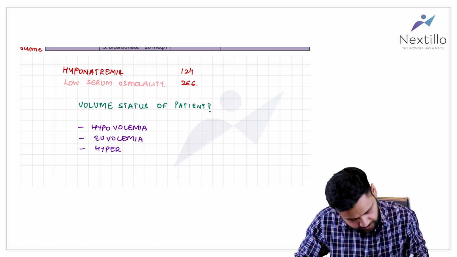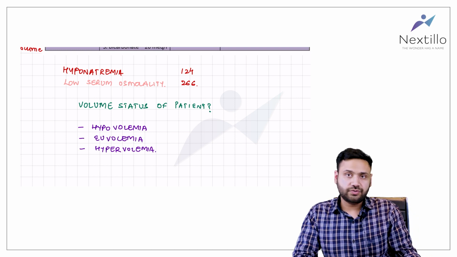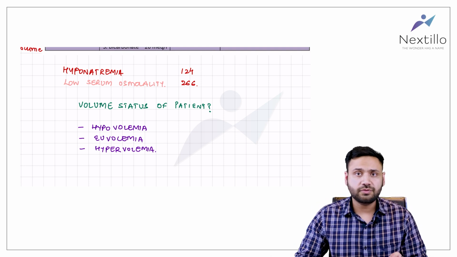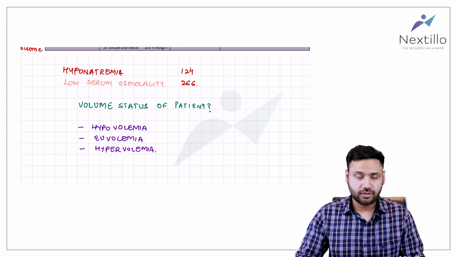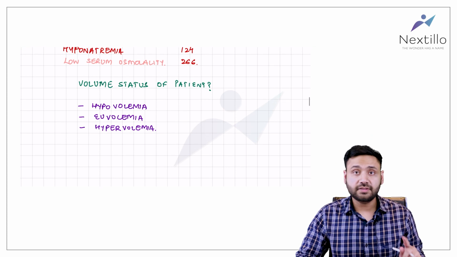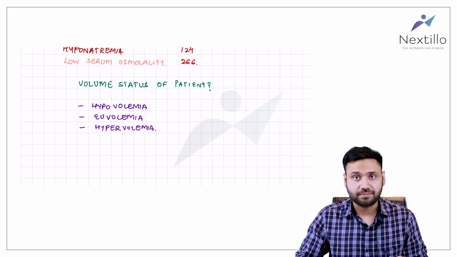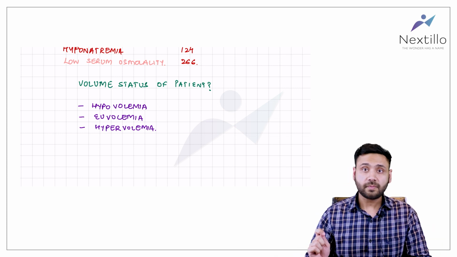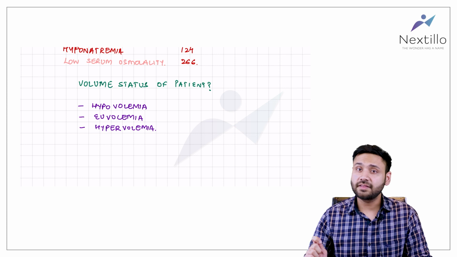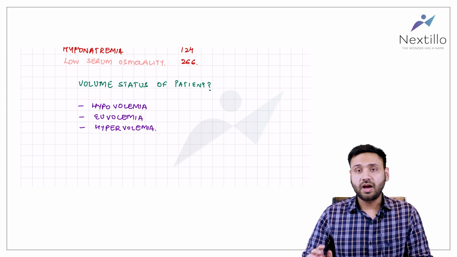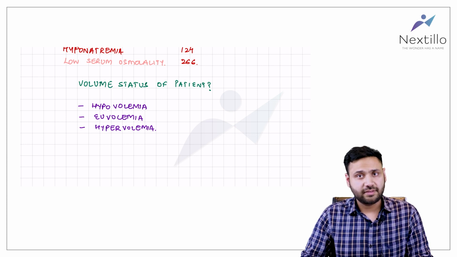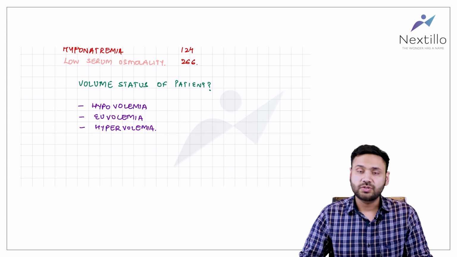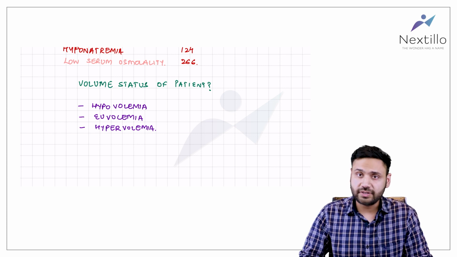I believe it is clear to everyone. To answer the question of the volume status of the patient, we will dive into all three volume states, right? And remember that this patient has hyponatremia, right? So we should be able to answer another question, which is how these three volume states lead to hyponatremia, right? So let's dive into these volume states now.